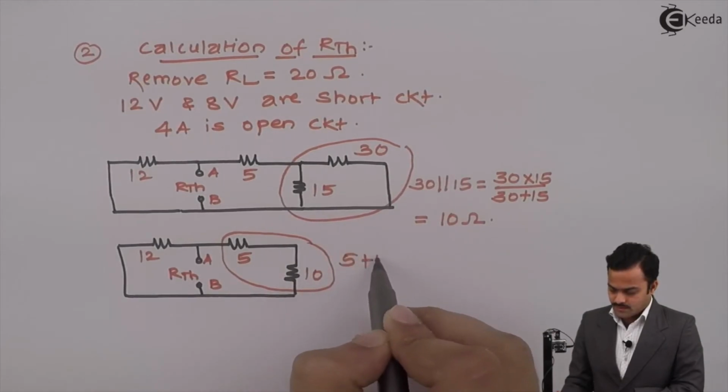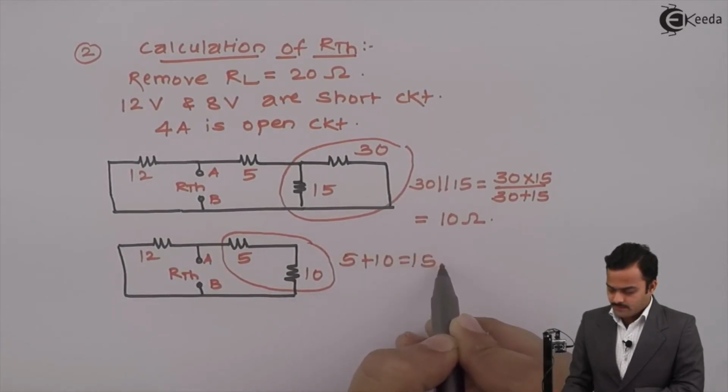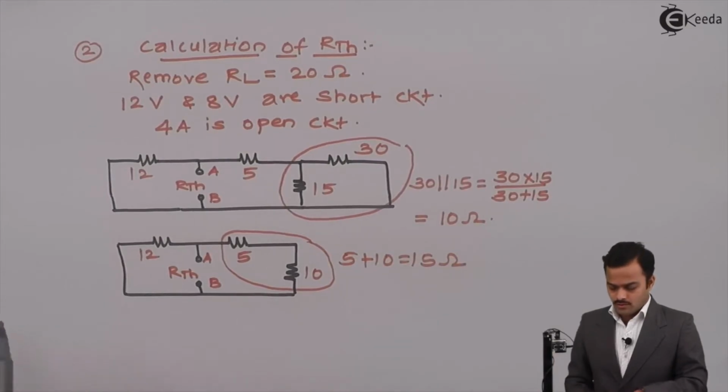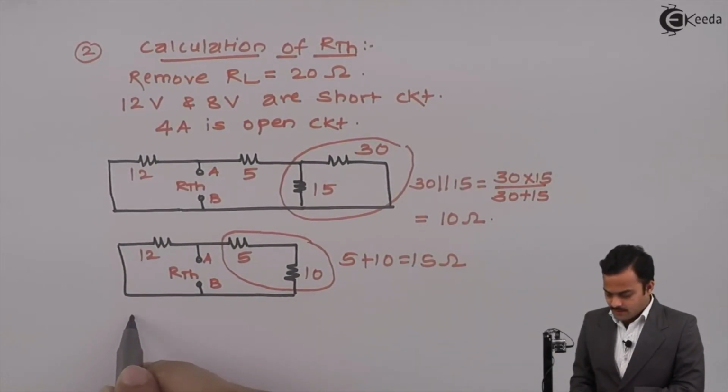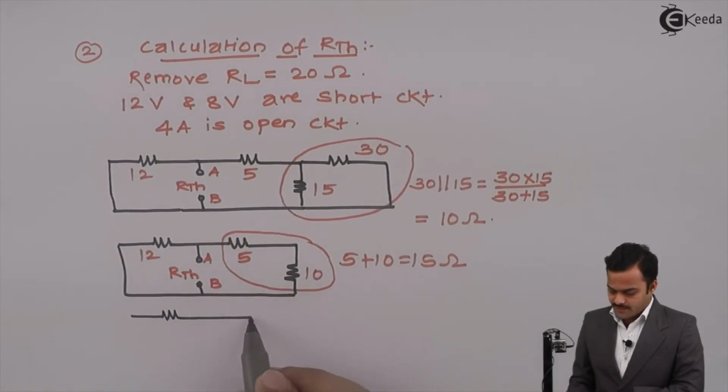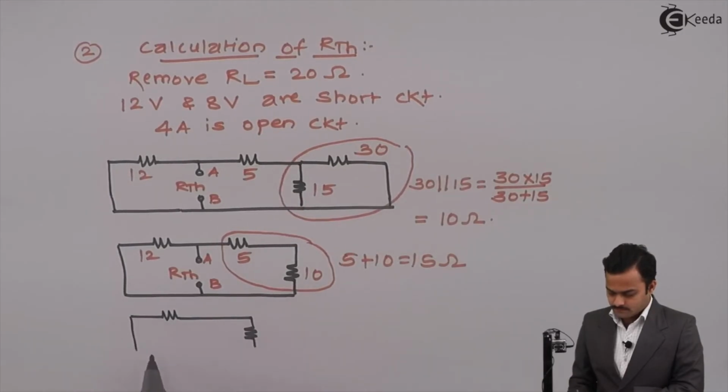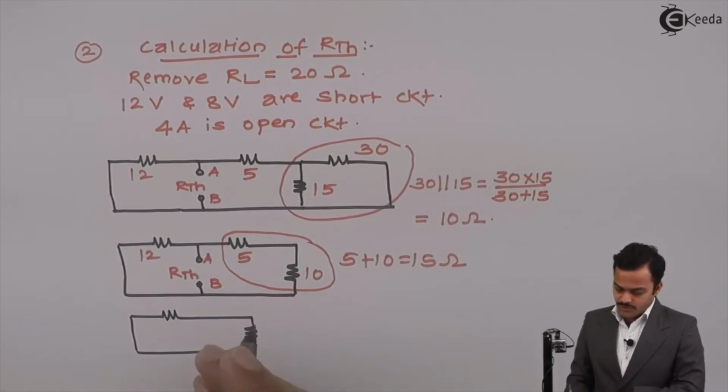So 5 plus 10, answer will be 15 ohm. So finally, if I draw the circuit once again, I will get 12 ohm as it is. Series combination of 10 and 5 is 15. These are the points of interest across which we are supposed to find RTH.